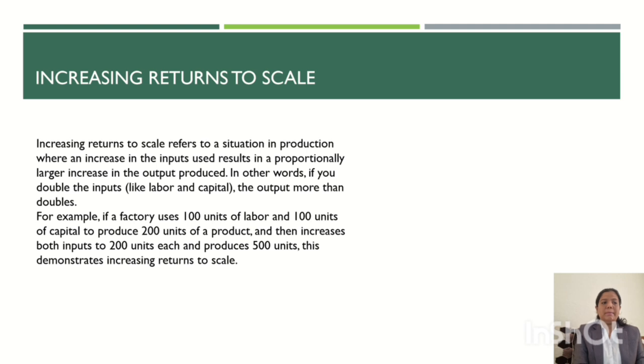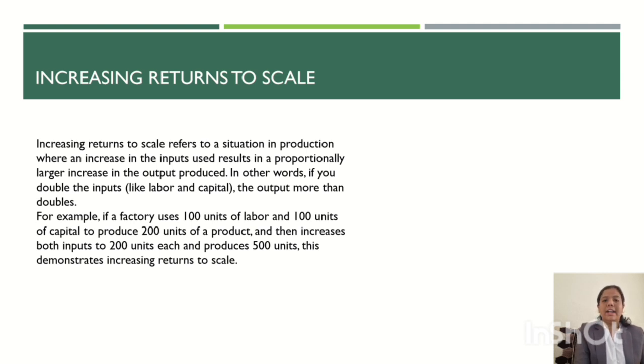For example, if a factory uses 100 units of labor and 100 units of capital to produce 200 units of a product, and then increases both the labor and the capital by 200 units each and produces 500 units, this demonstrates increasing returns to scale.